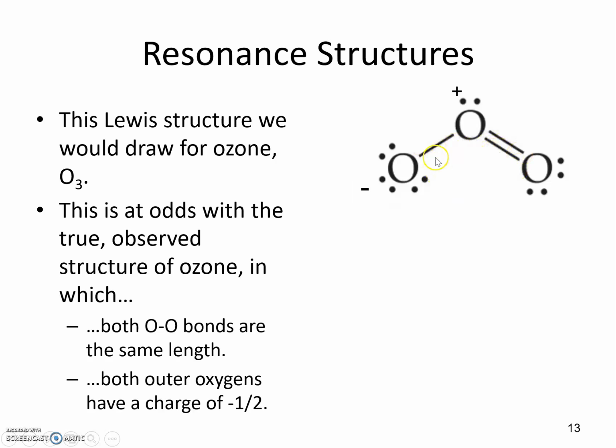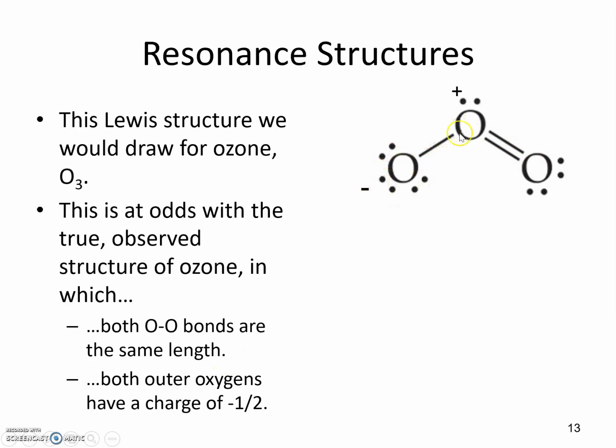But in actuality, the length of these 2 bonds, this bond right here and this bond right here, are the same. They're a little bit shorter than a real oxygen-oxygen single bond that you would find in a molecule like hydrogen peroxide, and a little bit longer than a true oxygen-oxygen double bond. So somewhere in the middle.